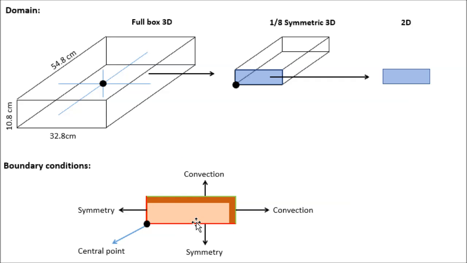So the boundary condition for this boundary and this boundary are symmetry. Here we can see a representation of the meat and the cardboard. With that geometry established, we can put now this geometry in COMSOL.